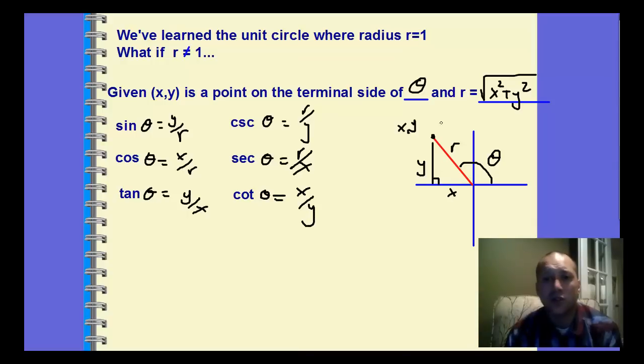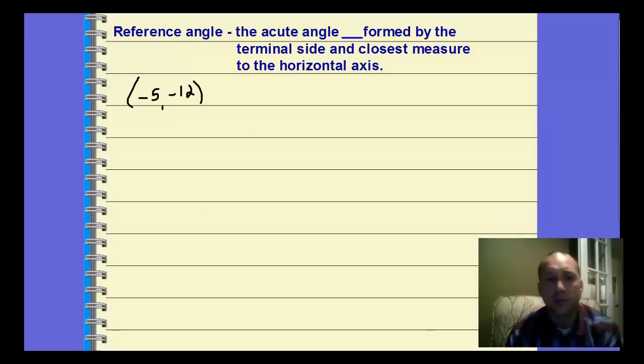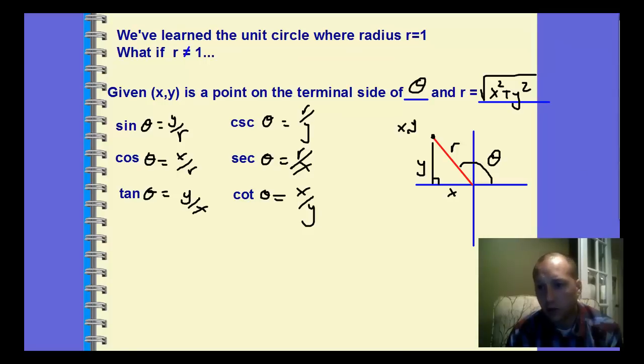For all these trig values, I'm really trying to get a picture of a right triangle where I can just do my SOHCAHTOA to help me find my values. And that's really what's called the reference angle. The acute angle is theta prime. So back here, this acute angle that we're actually using to find the measures, this is theta prime. This angle here is called the reference angle.